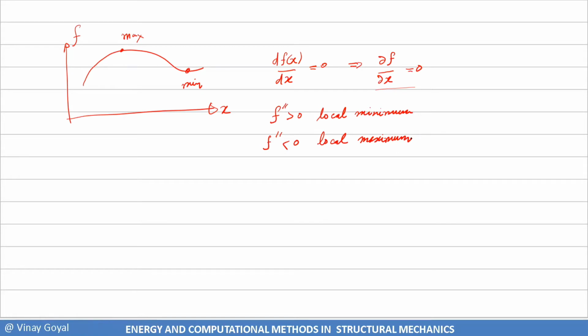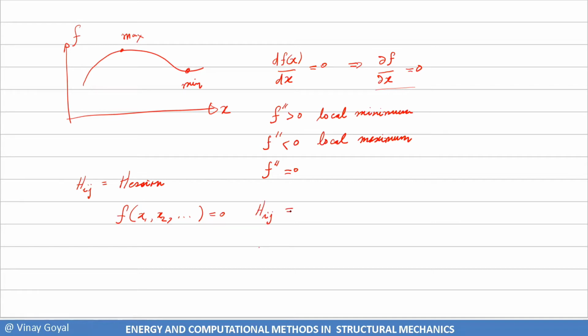And if I have the scenario where f double prime is 0, I have to start looking at maybe higher order terms. If I have several variables, and H_ij is called the Hessian of the system, and f was a function of multiple variables, x1, x2, etc. Then I have to take the derivative of this.